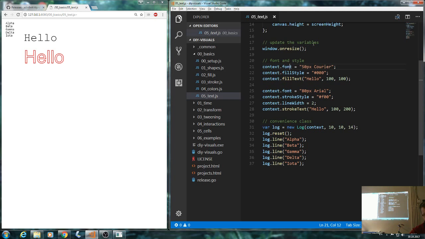And there's this convenience logging thing that helps us log things here. Because the browser log can actually break quite easily if you try to log some million things in a single frame. So this helps prevent it somewhat.